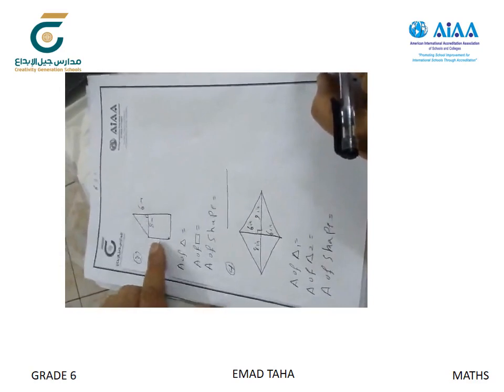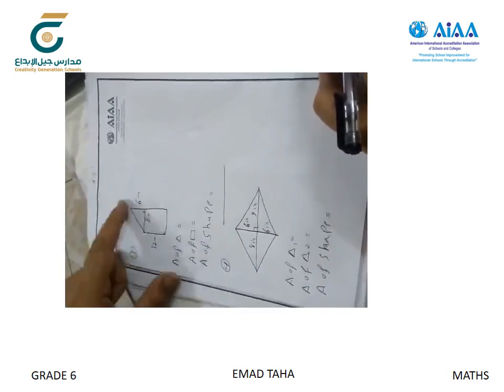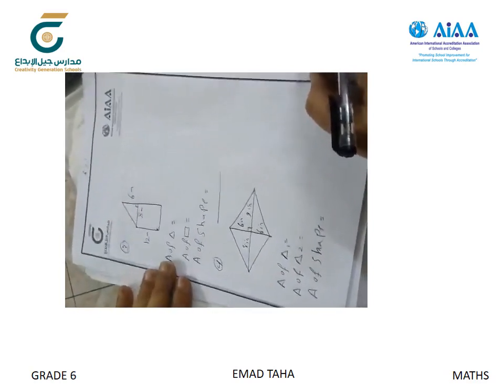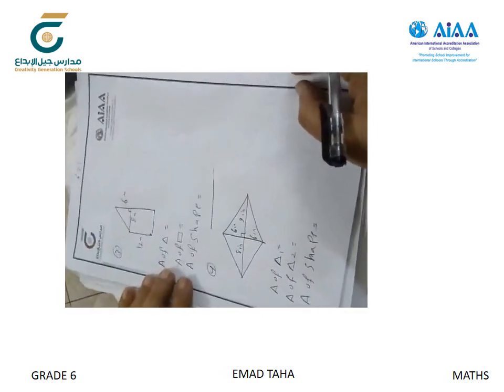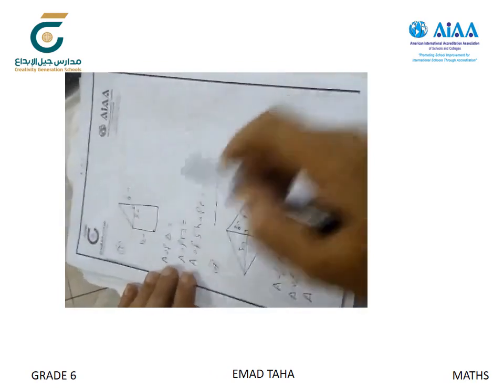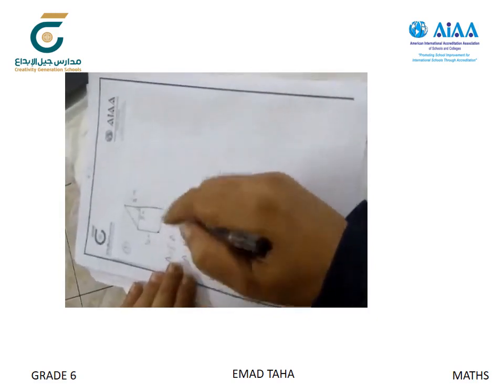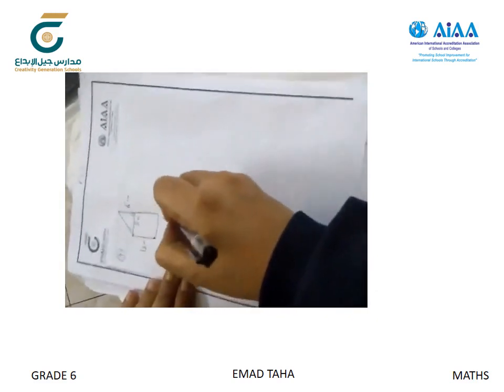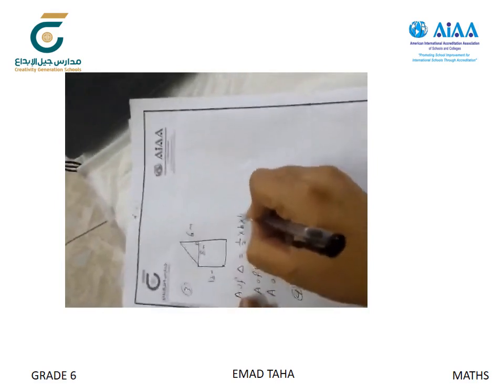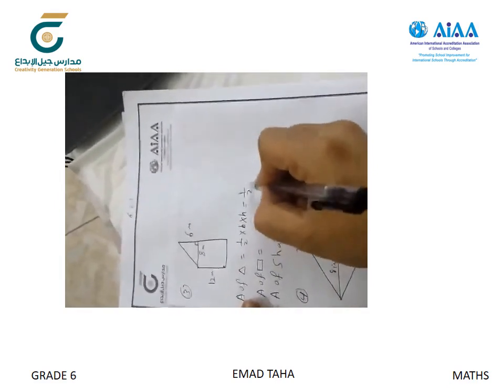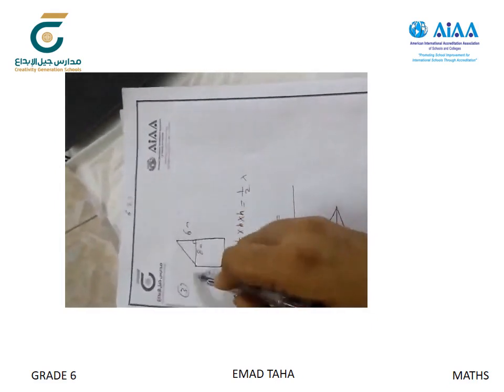In this shape, we have a rectangle and a triangle. So to find the area of this shape, we find the area of each shape. We start with the triangle. Remember that the area of a triangle equals half times base times height. What are the base and height here?